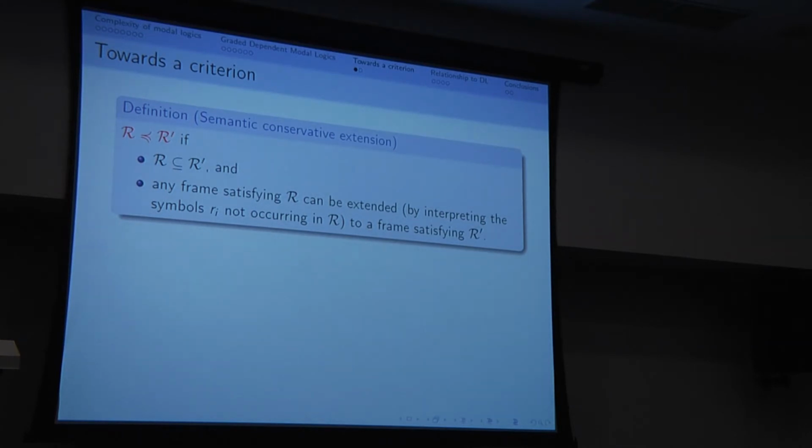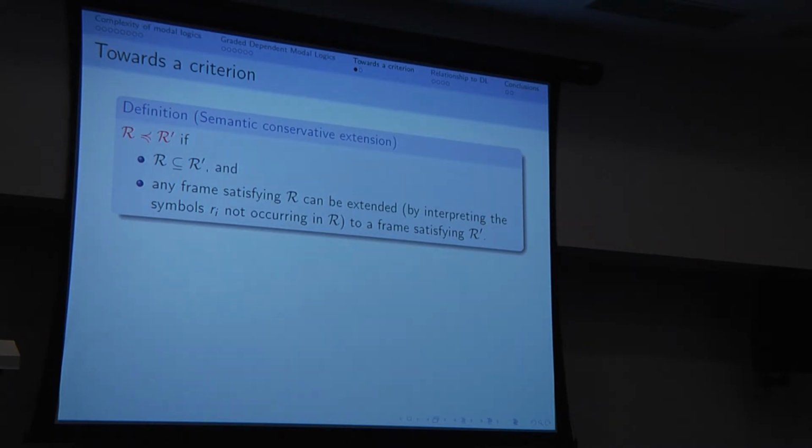We introduced the notion of so-called semantic conservative extension. So we have one graph and another graph, and let's say that the other one contains the first graph. R prime is a semantic conservative extension if any frame that satisfies the first RBox can be extended, by interpreting the relations that do not occur in R, to a frame that satisfies R prime.